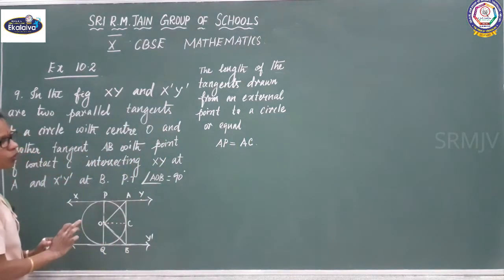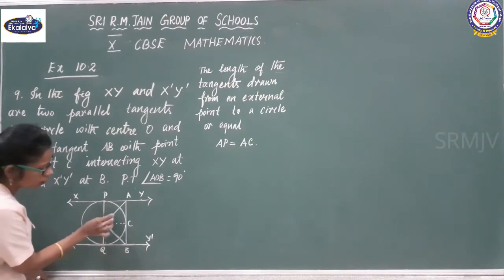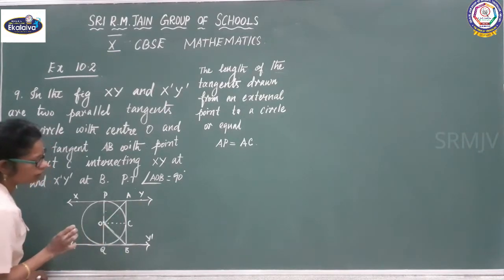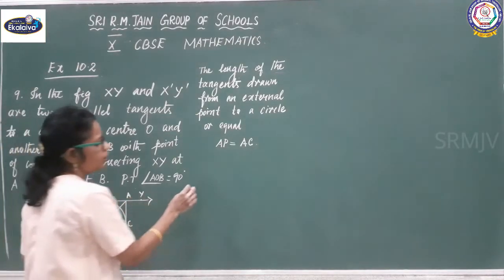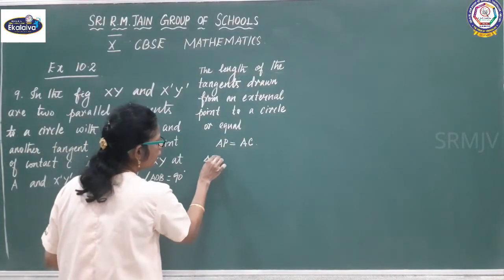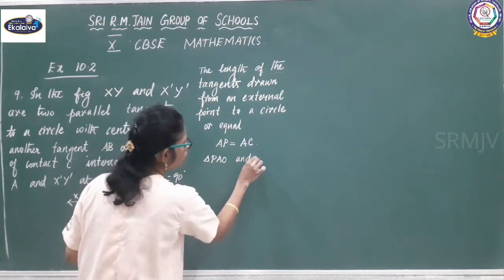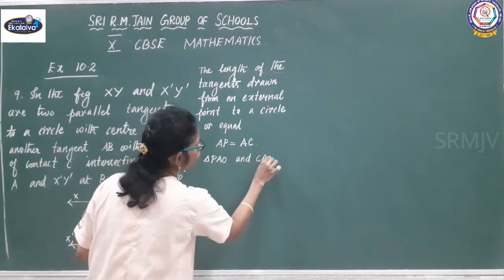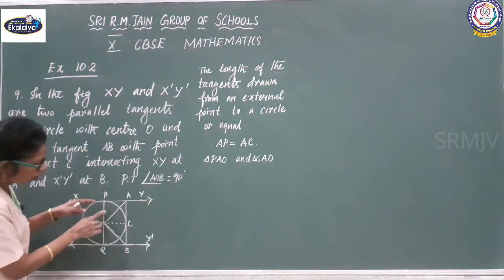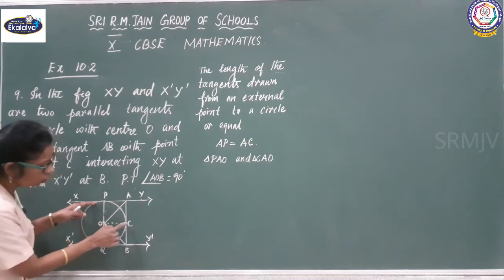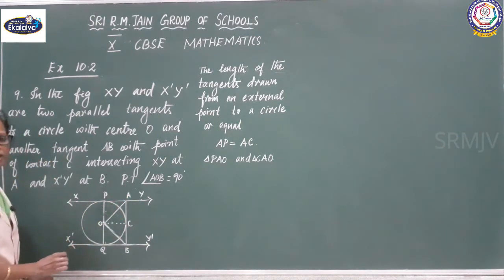AP equal to AC. Next, you are going to consider these two triangles, right? Triangle PAO and triangle CAO. What two triangles I said? PAO, CAO, these two triangles. In that, which are the things that are common?